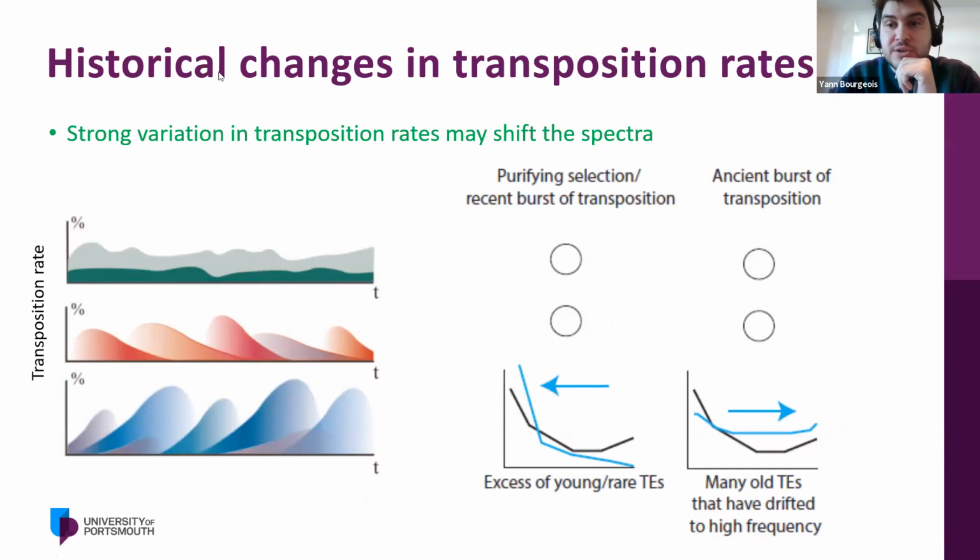So something that has been proposed for transposable elements in different species is that they don't necessarily have a transposition rate that is constant. So there is this hypothesis that you have some elements that display bursts of transposition. So this is shown on the left here. So you could have a transposition rate that is relatively constant or doesn't change much over time, in which case you could consider transposable elements the same way you would consider, for example, single nucleotide polymorphisms with a relatively constant mutation rate over time.